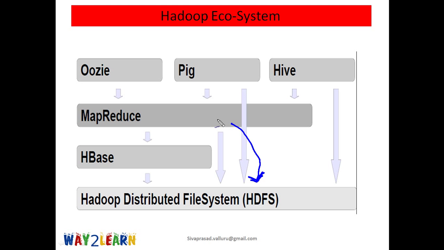So MapReduce is developed on top of HDFS. Similarly, HBase is another package or product which is developed on top of HDFS. HBase is a database which internally uses HDFS for its storage. And again, on top of MapReduce, there are some high level packages like Hive, Pig and Oozie.